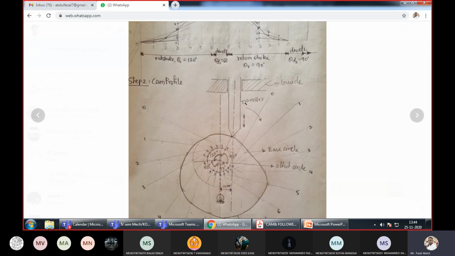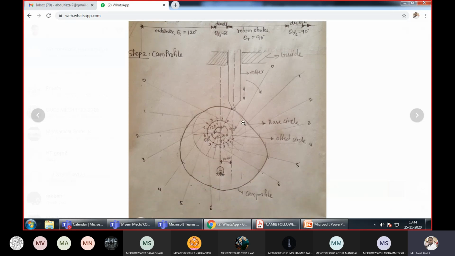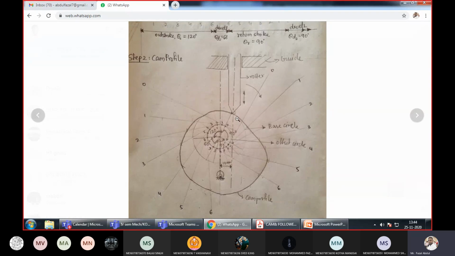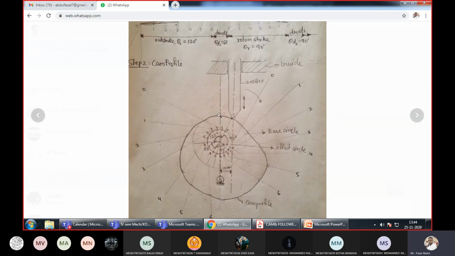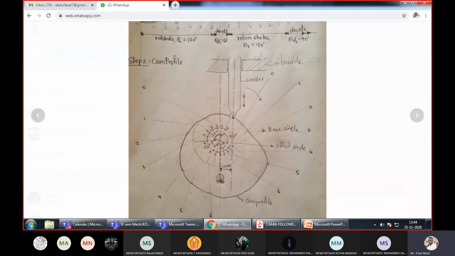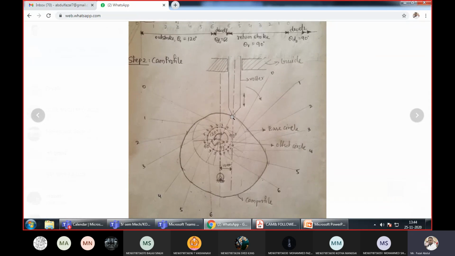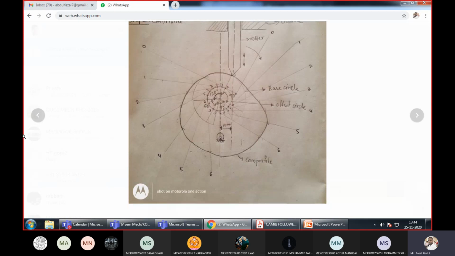Remaining things should be thin. Another thing is here in this cam profile, what you did, you considered the 0 point from here. But you should start the 0 point where the follower touches the base circle. So see the difference.